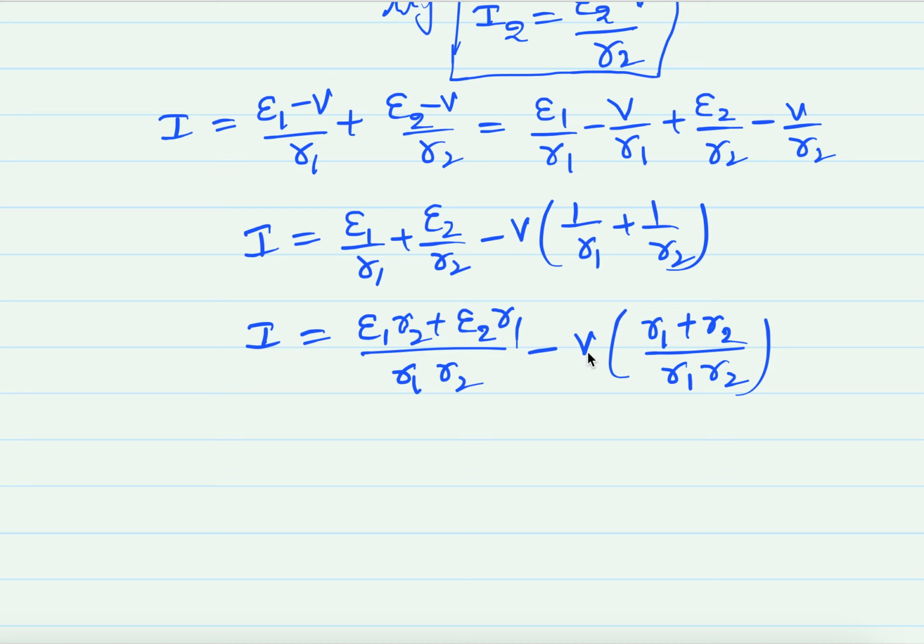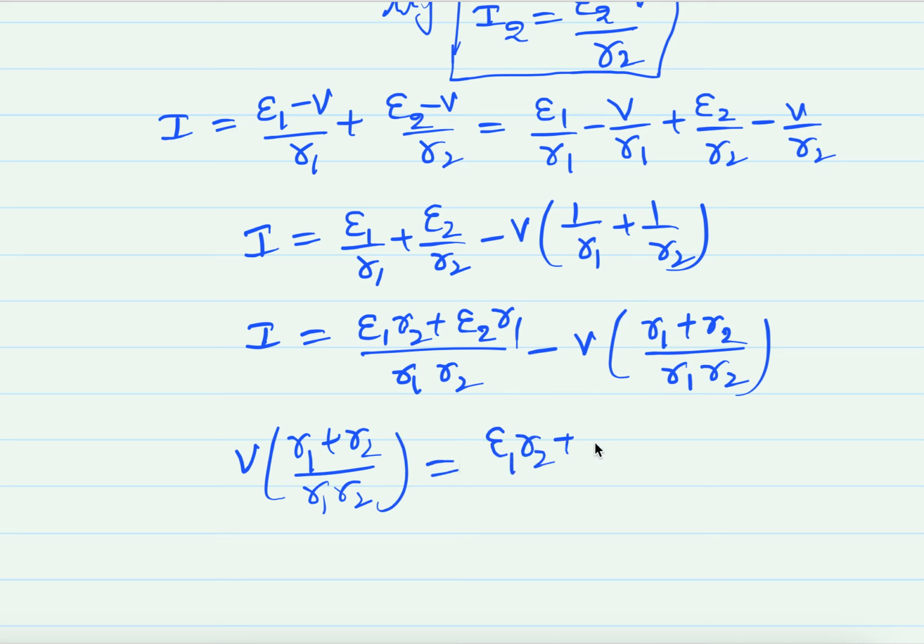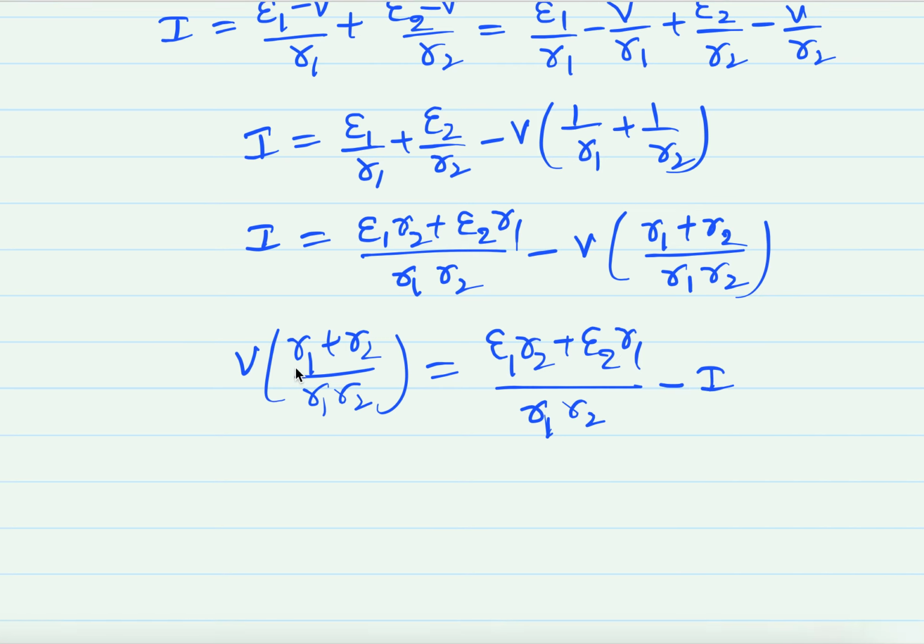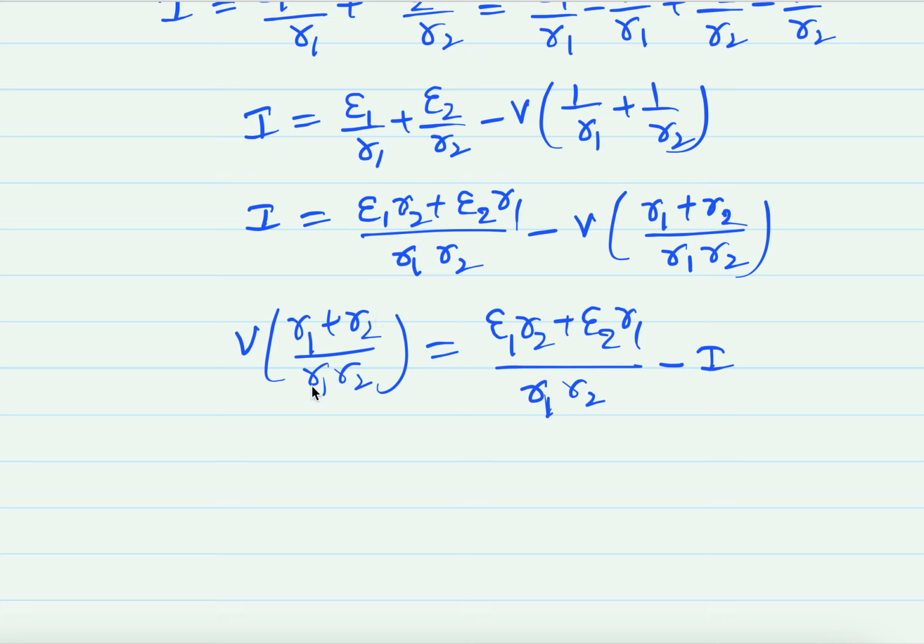So this V value I'll send to the left side and I'll take the I to the right side. So that means V into (R1 plus R2) by R1 into R2 is equal to (E1 R2 plus E2 R1) by R1 into R2 minus I. Now this value (R1 plus R2) by R1 into R2 I'll send to the right side, then it comes to the denominator, so I'll directly write the reciprocal.